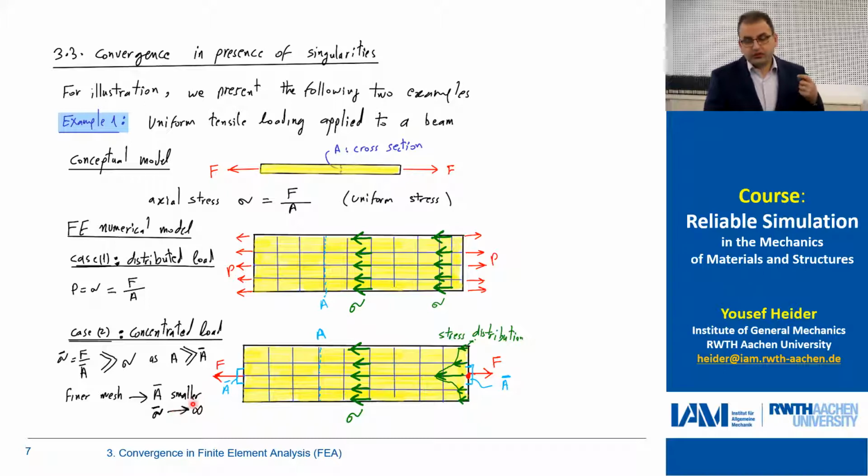And at some point, if you go for a very fine mesh, then the stresses at the boundaries will become infinite. This is a kind of singularity, so it will not help, it will not converge. So the solution in this case will be to go for a distributed load. So this is a right model, and this is a wrong model. So you should be careful about this.